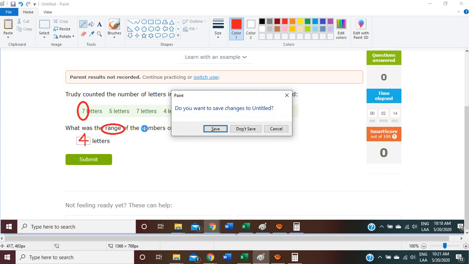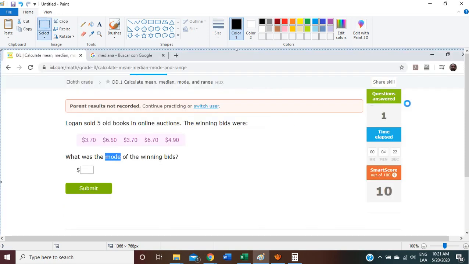So in this case, we have 370, 650, 370 again, 670, and 490. So the only number that repeats twice is 370. Okay, 370 and 370. This is the only number that is repeated. So this is going to be our mode.